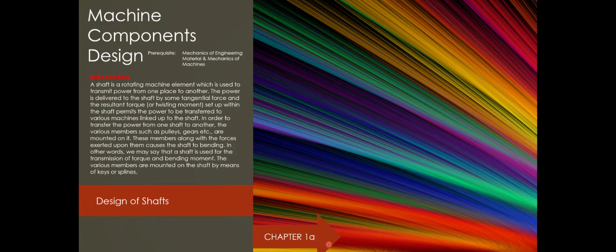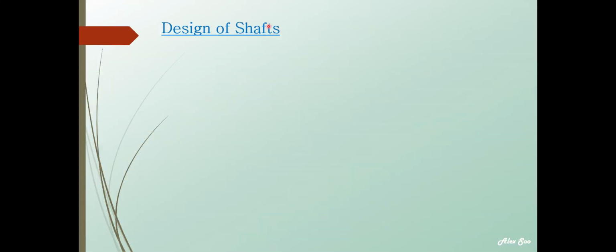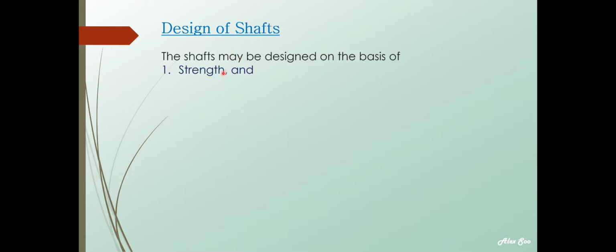So here we are looking at the failure of shaft that is subjected to twisting moment or torque only. So this is the first part of the design of shafts. So the design of shafts actually is based on one, the strength relationship, and two, the stiffness relationship.